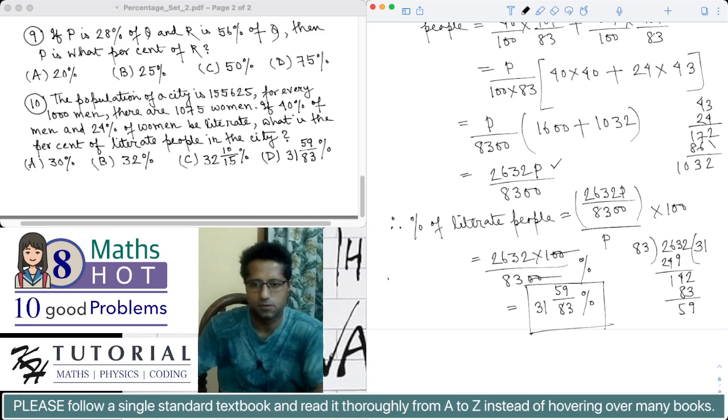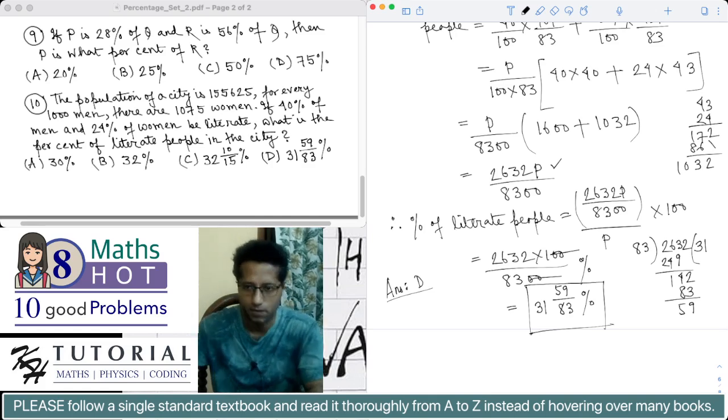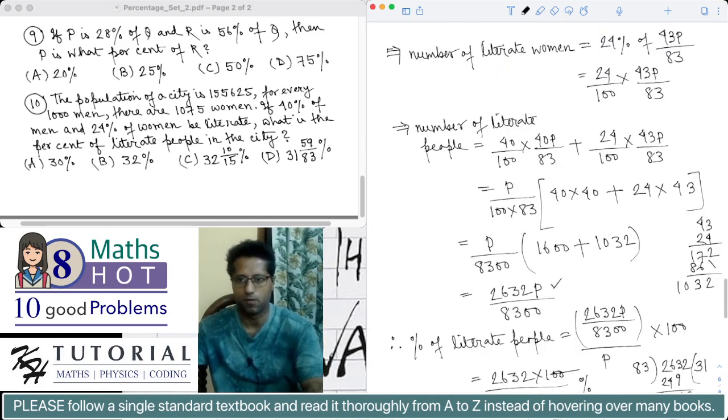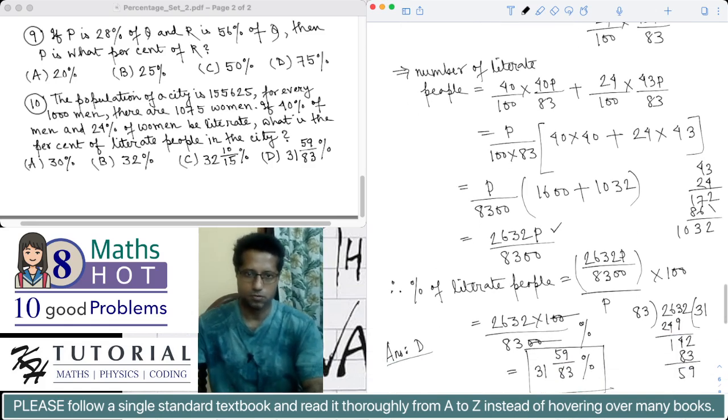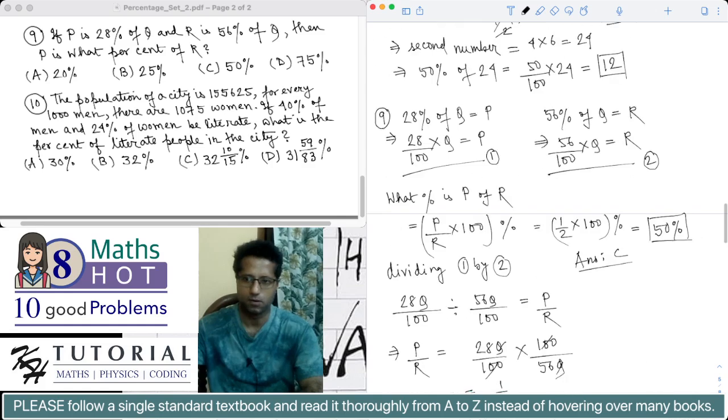Hence the correct choice is this. This problem was a little lengthy, a lot of computation had to be done, and you have to be very calm in doing the computation properly. So this brings to an end the solving of set 2 of 10 good problems on the chapter of percentage.